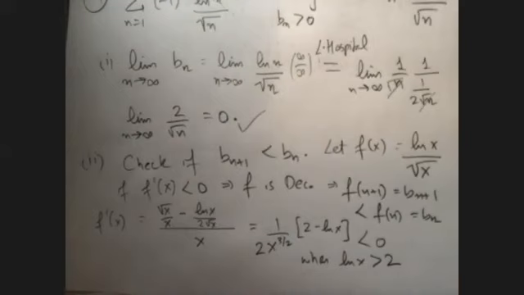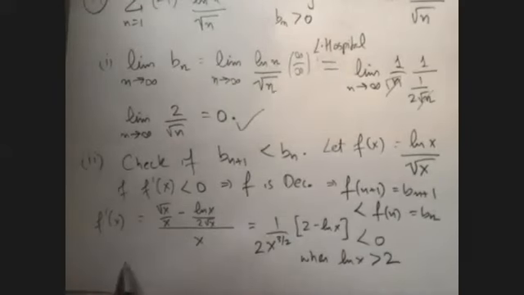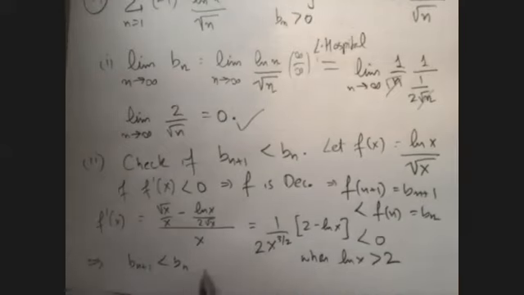So it means Bn plus 1 is less than Bn after some finite n.